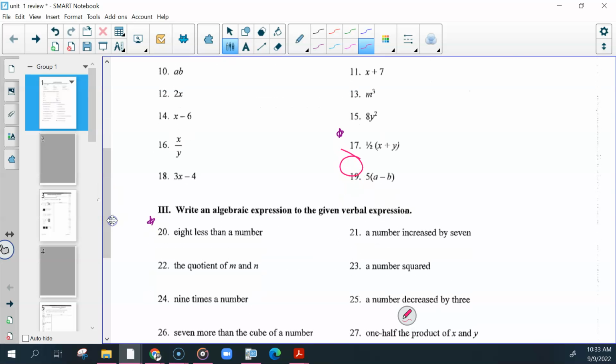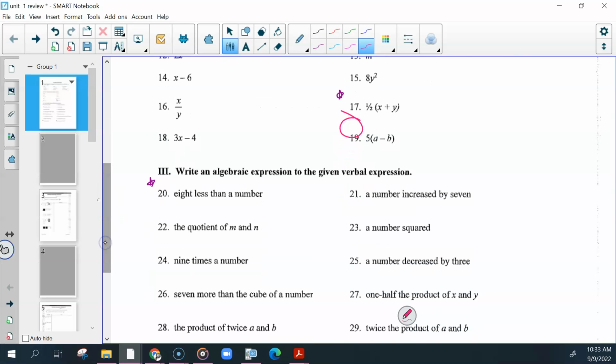It's so good. For something like 19, we need to write it so that 5 is being multiplied to everything. We could start off 5 times. How could we say that we're multiplying it to everything?